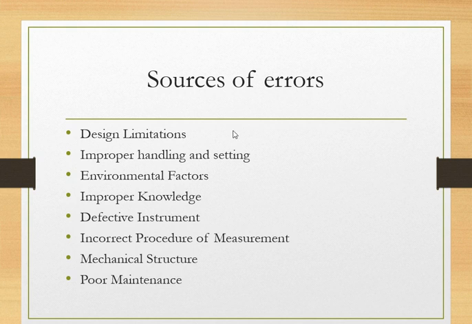Design plays the most important role, because different types of errors may arise due to certain design limitations. Which design pattern you are using, which design tools you are using. Sometimes there may be an error in the design, so design limitation leads to different types of errors in a system or instrument. This is applicable to both system and instrument, because an instrument can also be treated as a system.